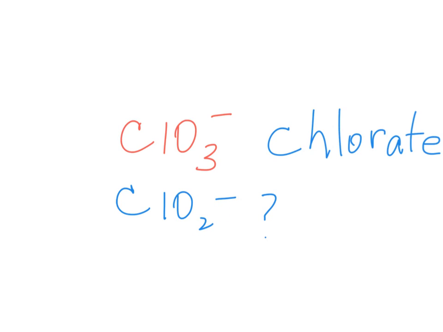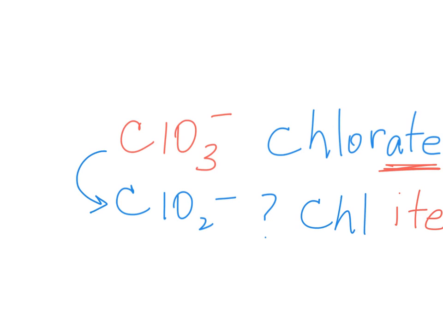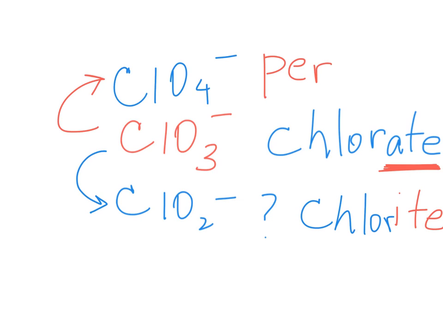So you have one less oxygen, and the rule is that chlorate becomes ite. So you would say chlorite. How about ClO4 -? Now you're going one more, so you look at this one, it's 4, and if you go one more, you simply add the word per, and everything else is the same. So you say perchlorate.